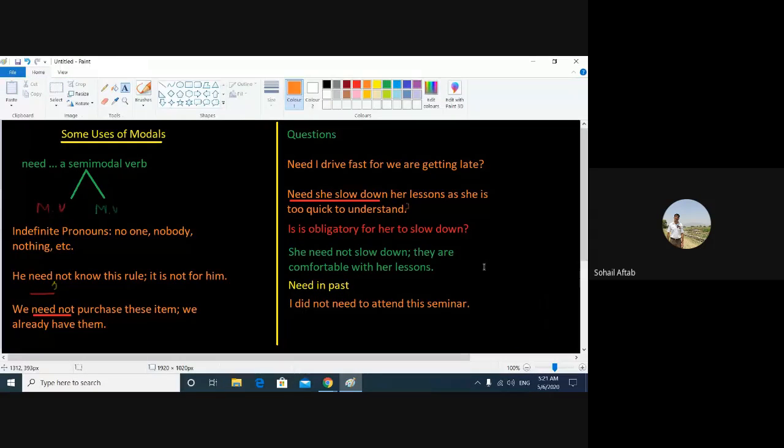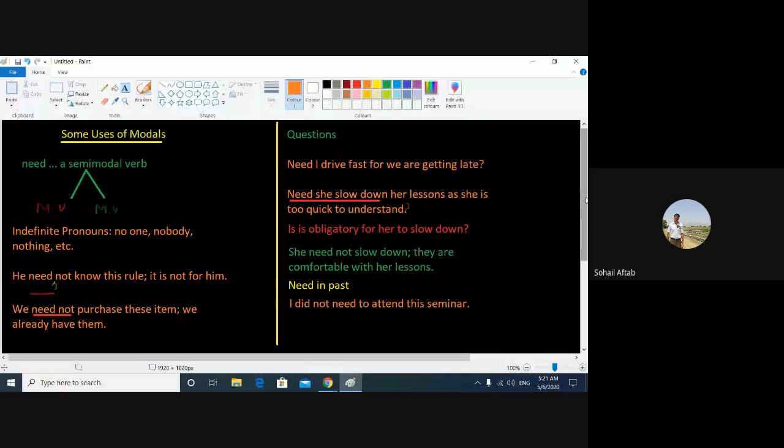So it will be negative in past. In present, if it is need, it is negative, you simply put the structure of need not, and that will work for you. Okay.